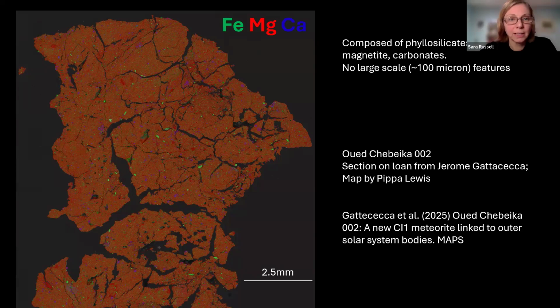Magnesium is red, so you can see that the phyllosilicate matrix, which makes up most of the rock, is very rich in magnesium, and calcium is blue, and this shows up the carbonates. But overall, we can't see any long-range structure in the CIs. We can't see any evidence that it has chondrules or that it ever used to have chondrules. We can't see any rounded features whatsoever.